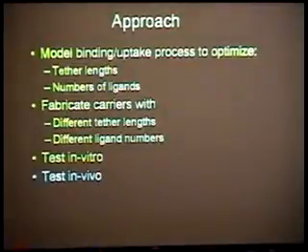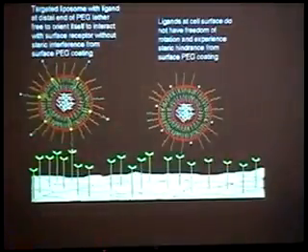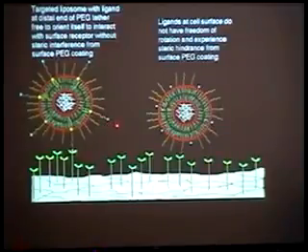And so our approach has been to mathematically model the binding and the uptake process. And the idea here is that we can optimize the lengths of these PEG tethers. So if you go back to the previous slide, a question to ask is, how long should this tether at the end of which the ligand is bound be?